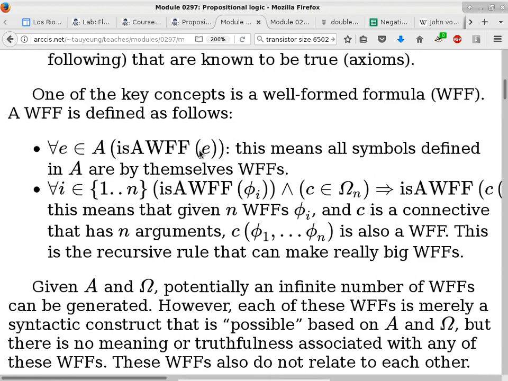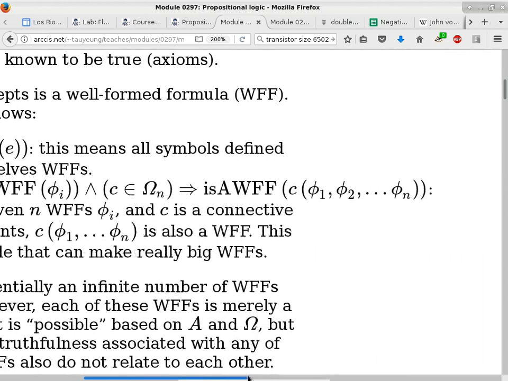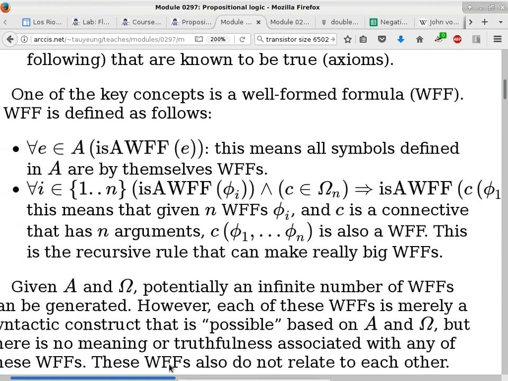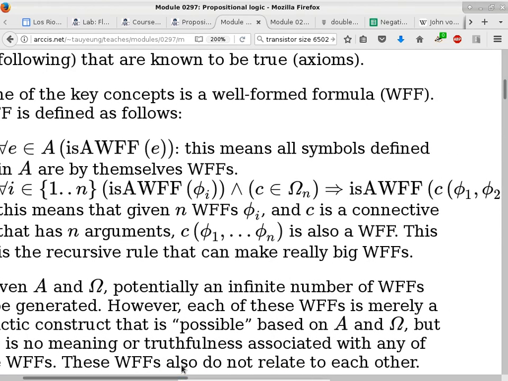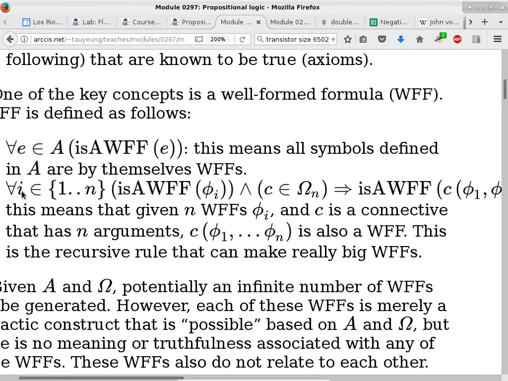The second one is a little bit longer, but all it really is saying is you can use operators. So this requires, let's take a look at this particular statement here.